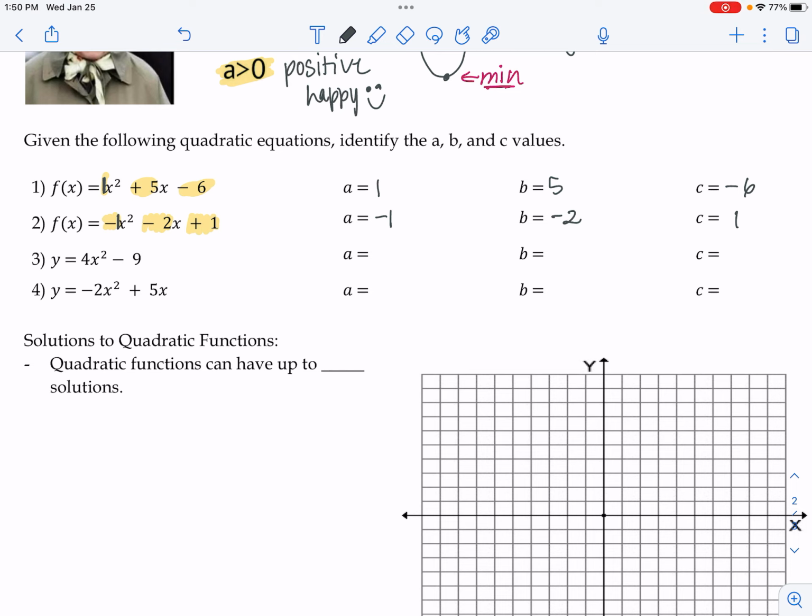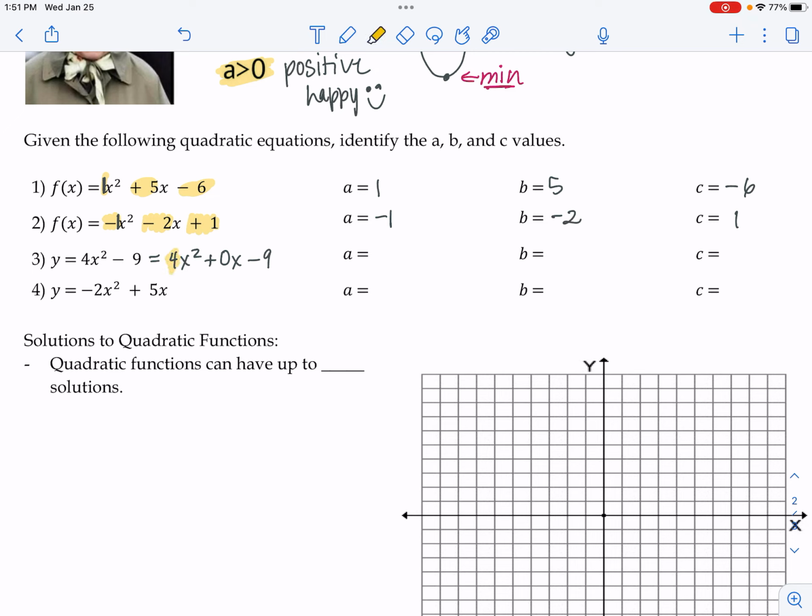In the case of number 3, notice we go straight from our x squared term to our constant term. That means we're missing our x term. So if I were to rewrite this with the x term, that means the coefficient was 0.